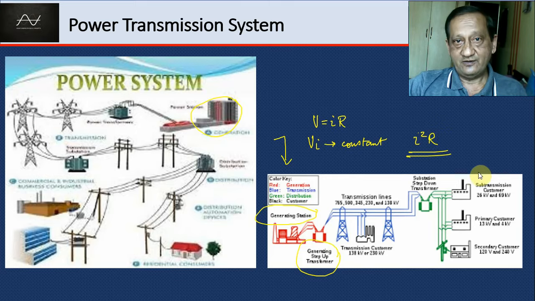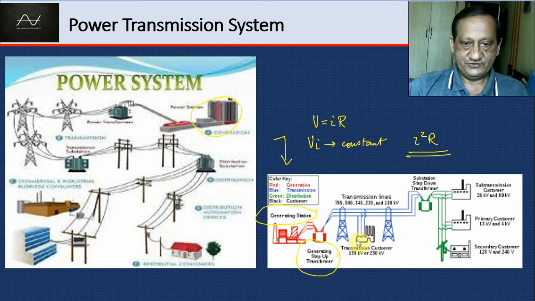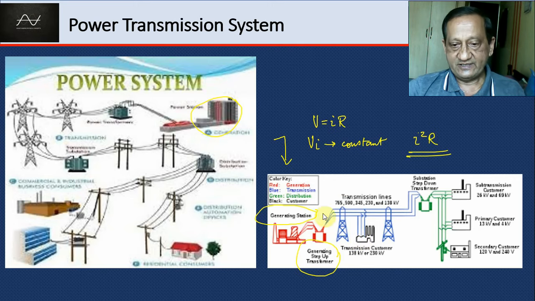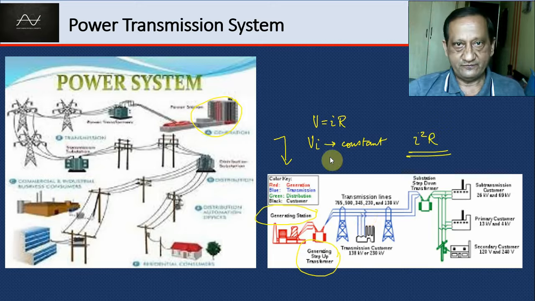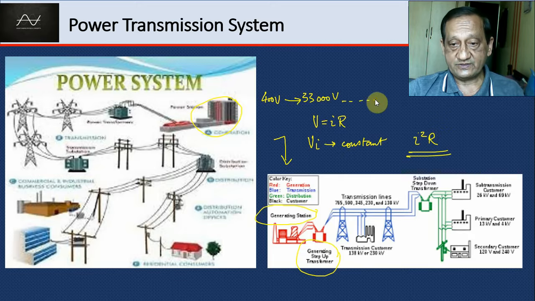And raising this voltage is done by a device called transformer. It can raise the voltage, it can reduce the voltage. So the typical method is that at the generating station, we have, let us say, 400 watts of power being generated, and let us say at a voltage difference of 400 volts. So this must be stepped up to 33,000 volts and then sent over very long transmission lines.